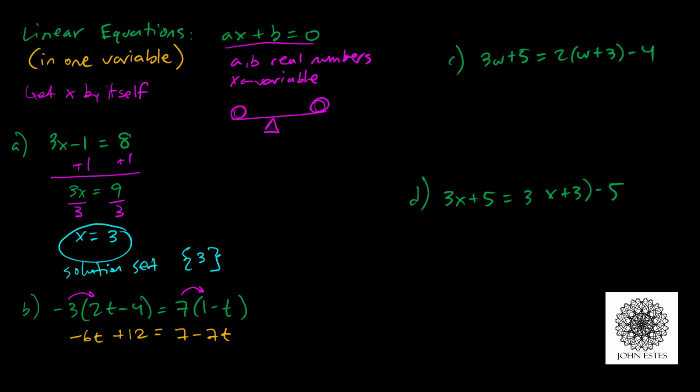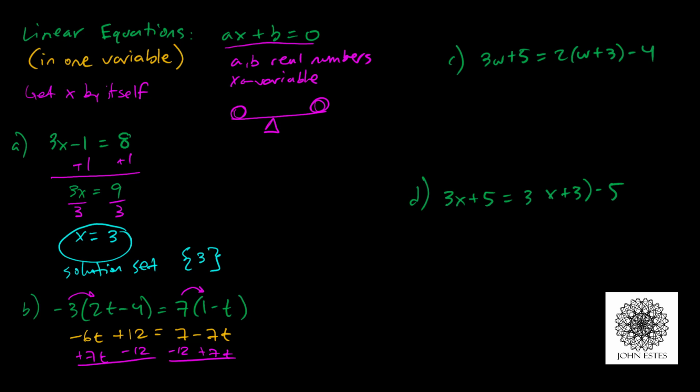From there, I play the same game that I did in part A. I need to get the t's by themselves on one side and everything else on the other. So I'm going to add 7t to both sides, and I'm subtracting 12 from both sides. And when I do that, hopefully I'll get something that will be helpful.